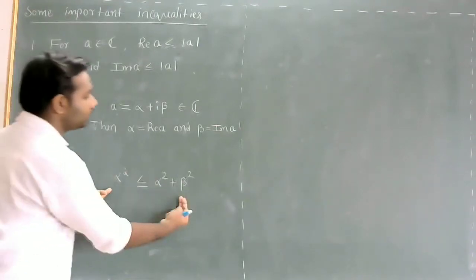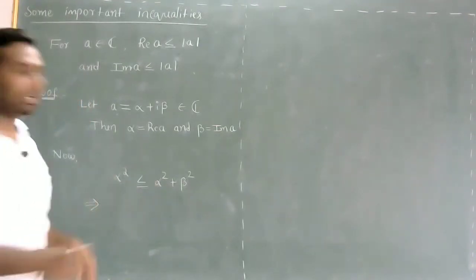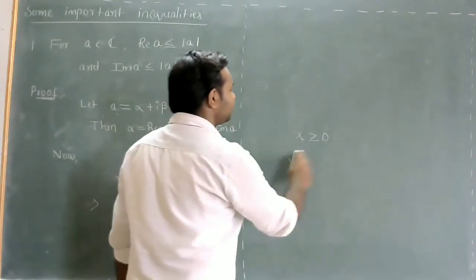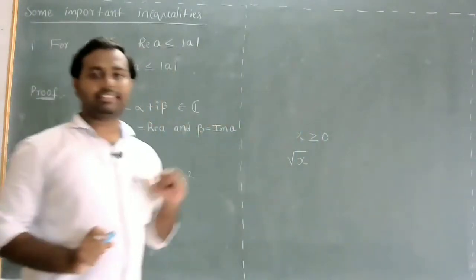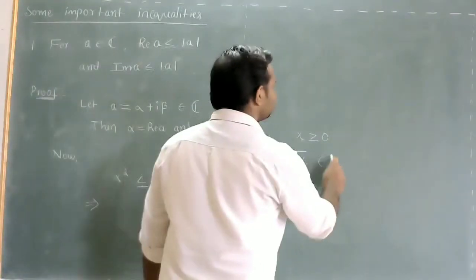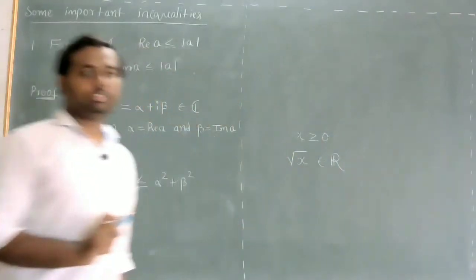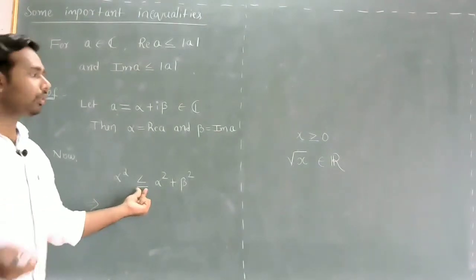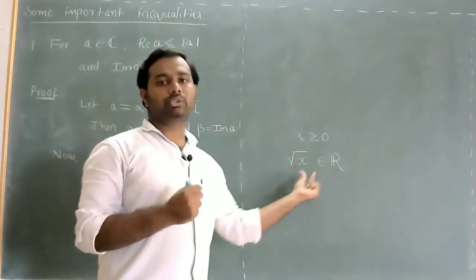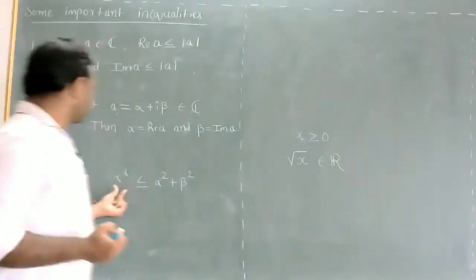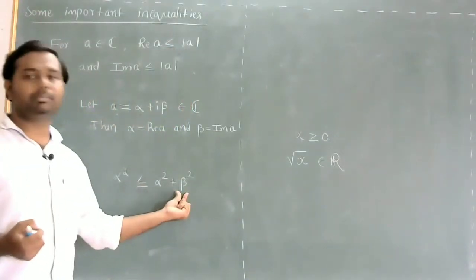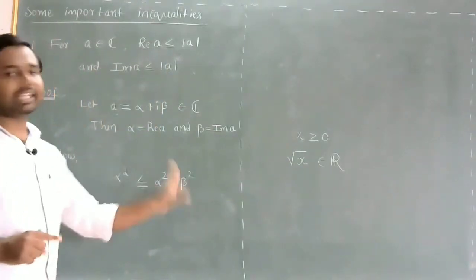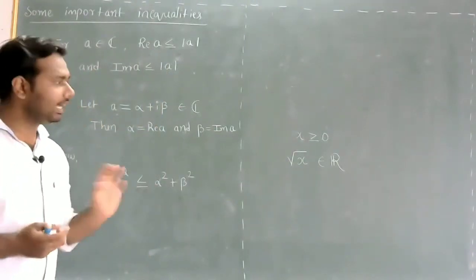First of all, for any non-negative real number x, the square root of x exists and it is also a real number. As I'm comparing here, you have to make sure that the square roots are also real numbers. So alpha square and alpha square plus beta square are non-negative real numbers, hence their square roots exist.